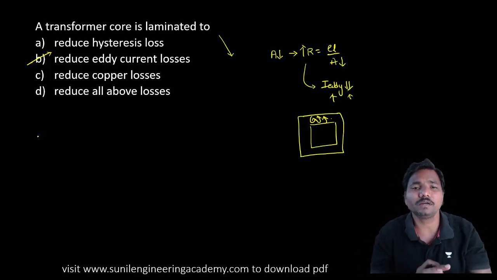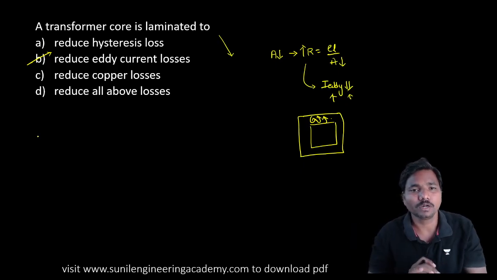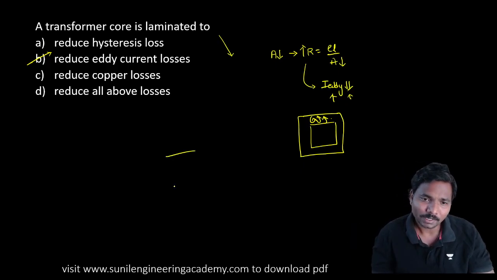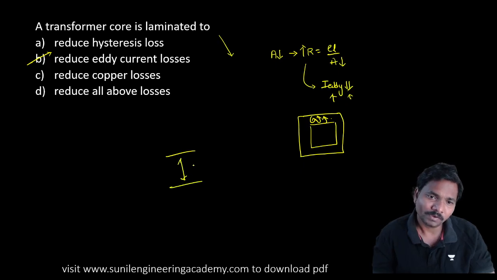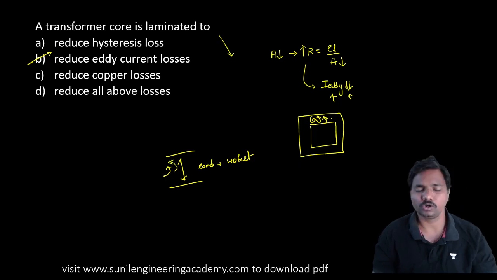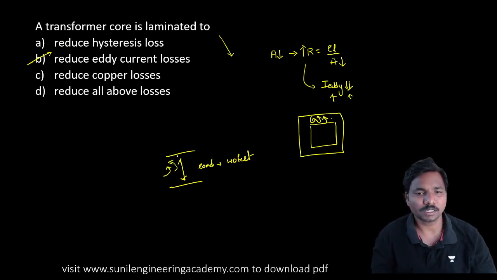We can understand this by using a real-time example. Whenever the road is wide, like 40 feet, the vehicles can easily circulate within that road, so there is a chance of eddy current losses.